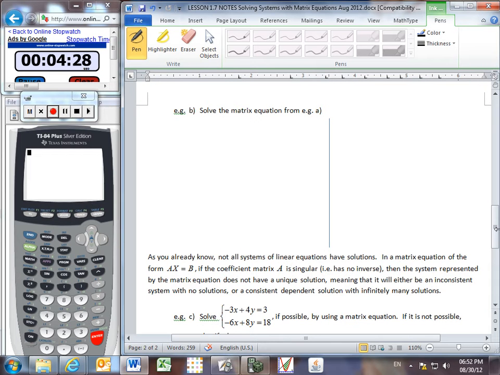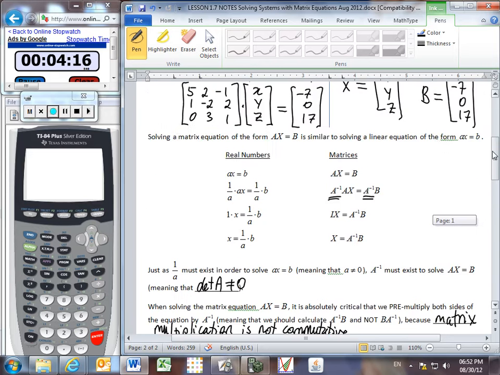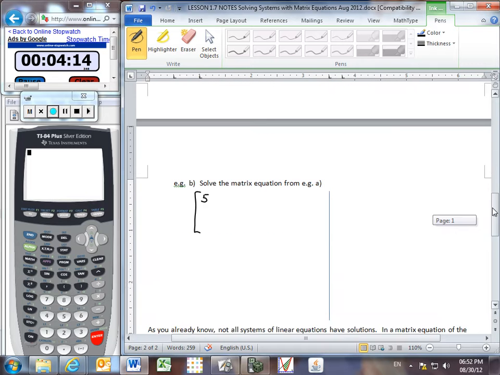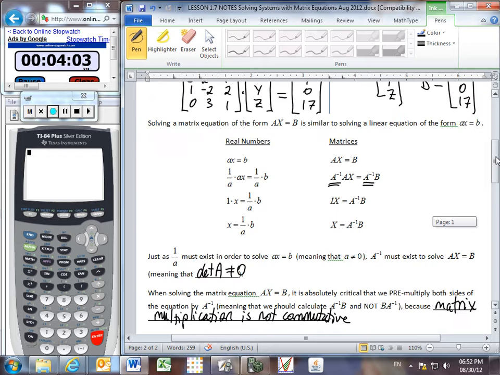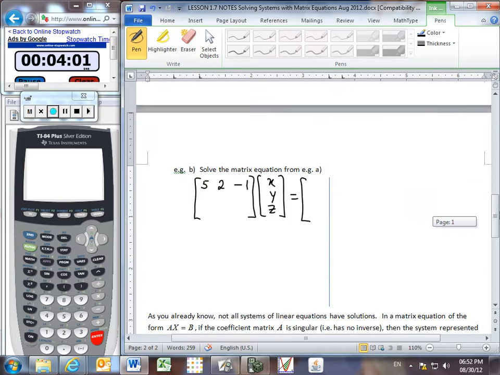So we had this matrix equation that was in example A. Let's actually try to solve it now. So remember that we had this matrix. I might have to just refer to it quickly. Where are we? 5, 2, -1. And that was multiplying x, y, z to give us -7, 0, 17.